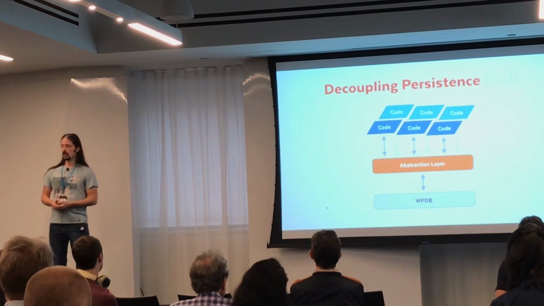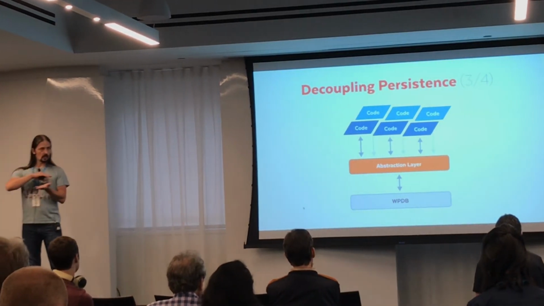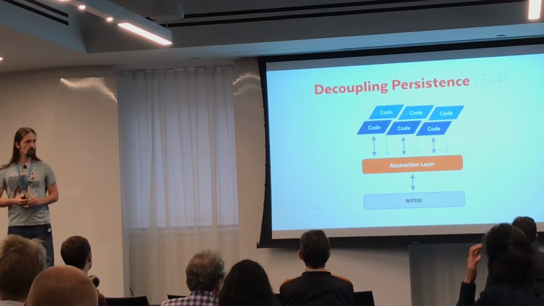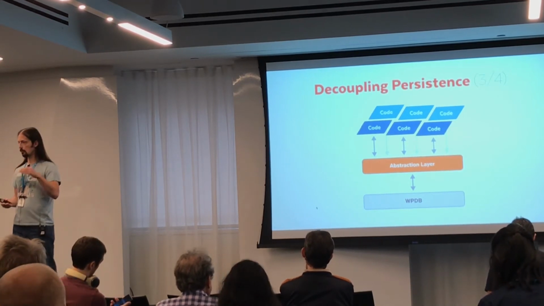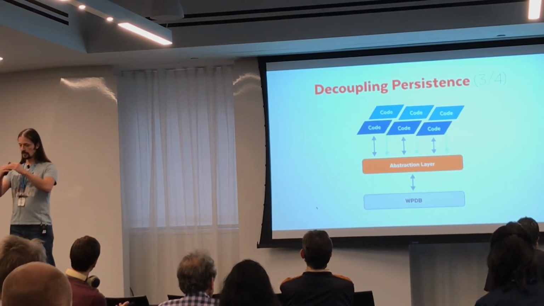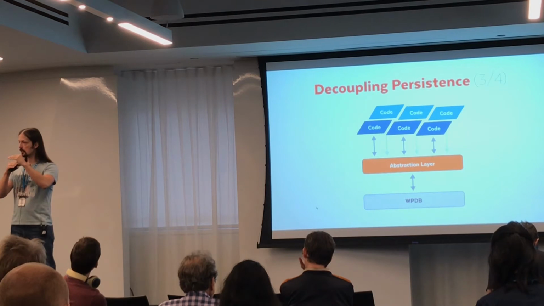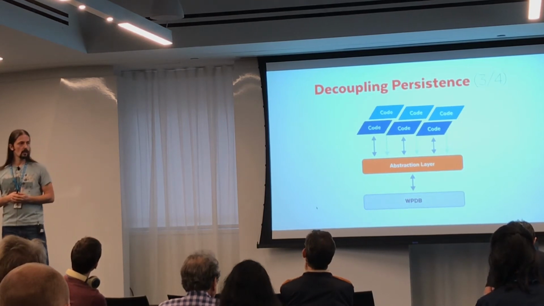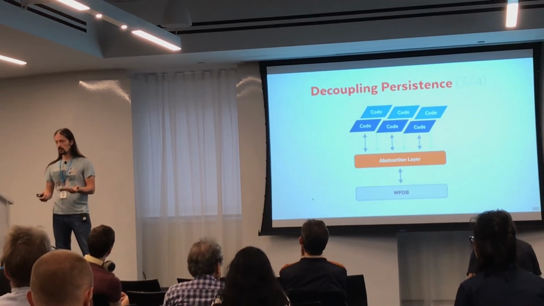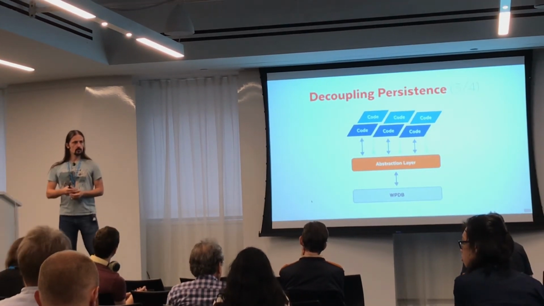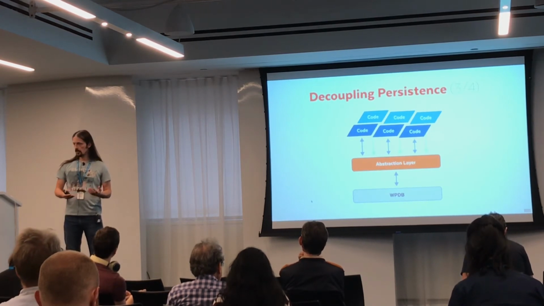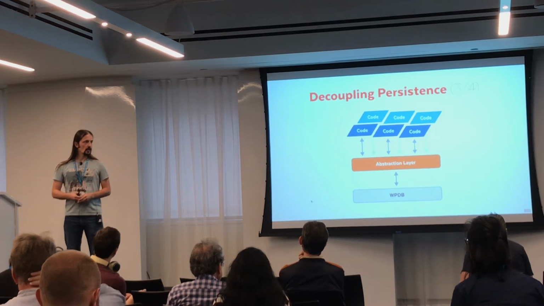So instead, we interject an abstraction layer. This can be as simple as just having the same interfaces that wp-db provides, but just not directly calling wp-db, because then you have a space in between where you can inject additional logic. But it can also be something that's more persistence agnostic. You can have clearer methods of what you're actually doing, instead of having methods like query and flush.